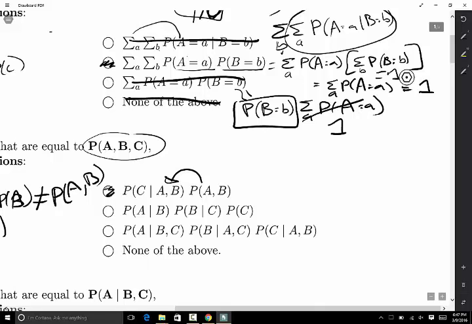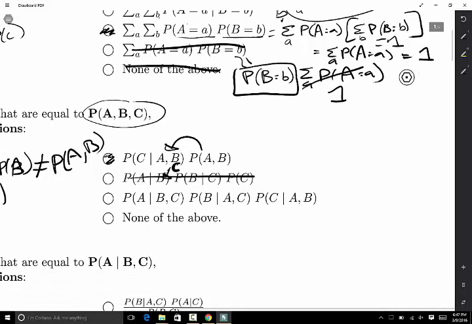And here, we almost have the chain rule, but we're missing the extra C in this expression. So this is not equivalent to A and B and C. And the third one, this is nowhere near being the joint of A, B, and C.